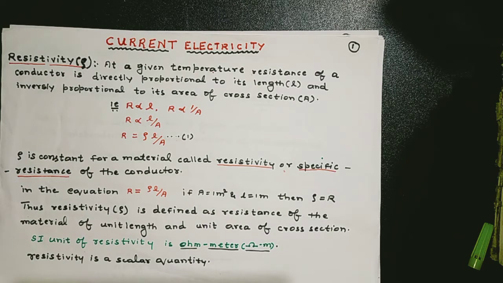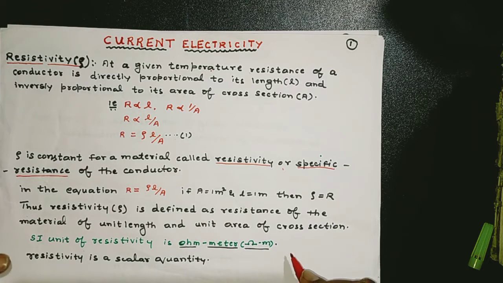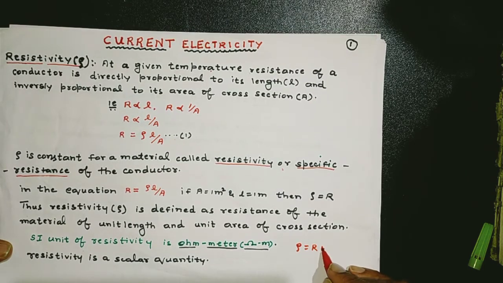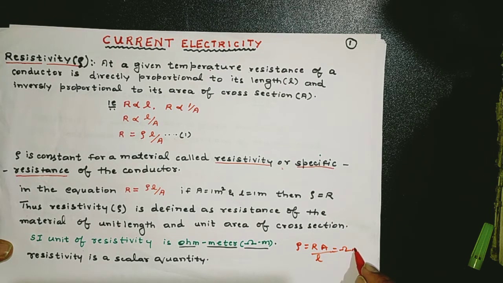In fact, the SI unit of resistivity is, see, since rho is R into A by L, with R in terms of ohm, area in terms of meter square, L in terms of meter.